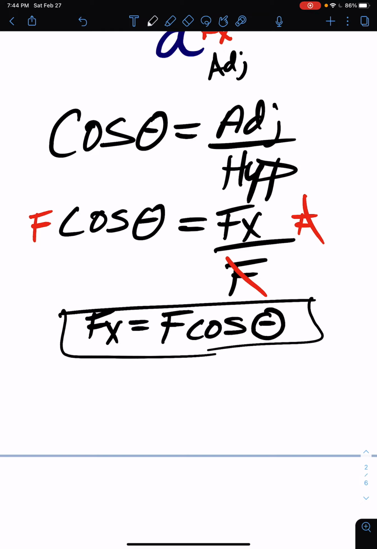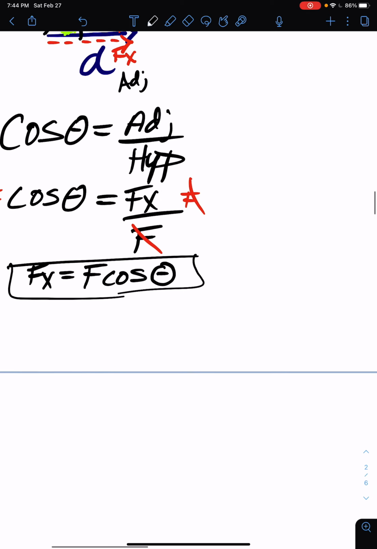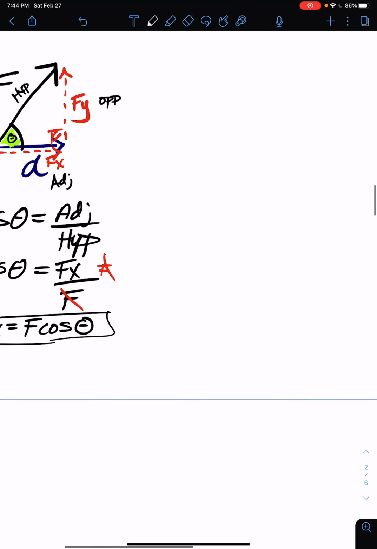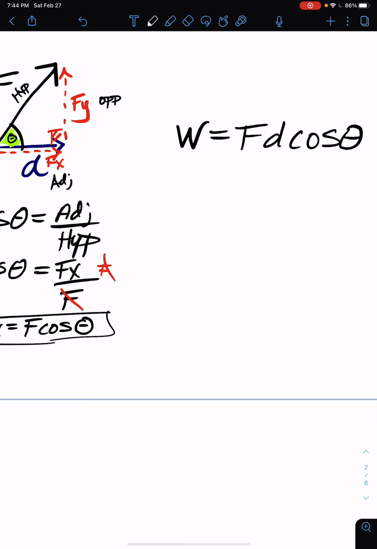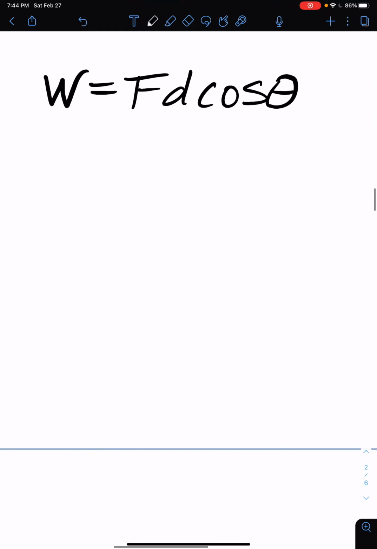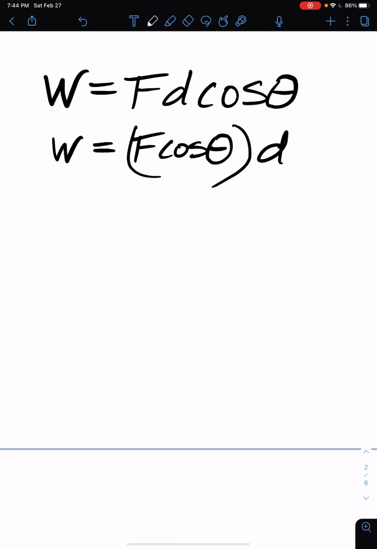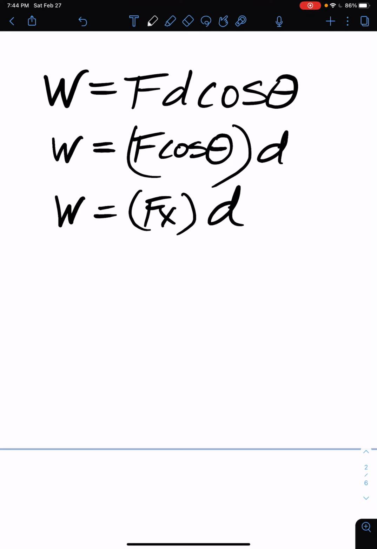So what I'm trying to say here is that when we find work, if I go back and rewrite the formula I just told you, I think it looked like this, right? And if I rearrange it slightly, when we talk about work, F of X is F cosine theta.